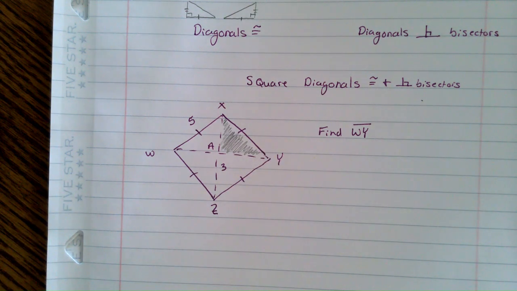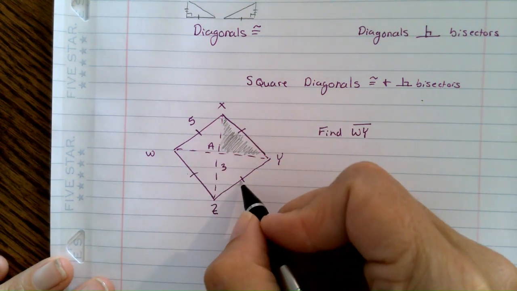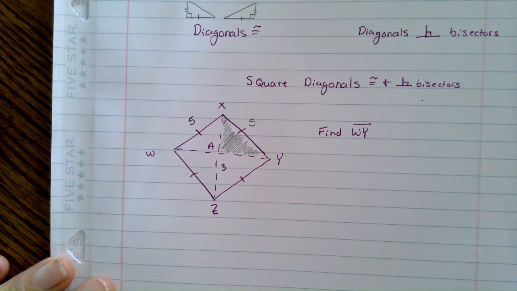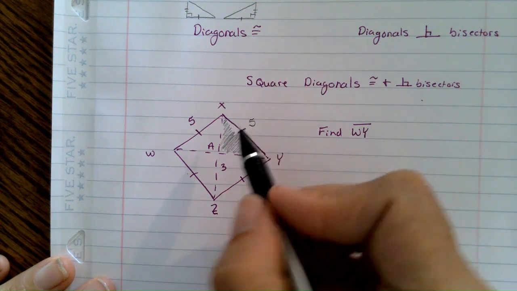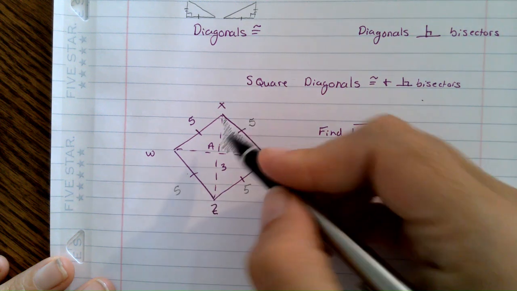Okay, so we can see that all sides are congruent. So if this is 5, this is 5. Okay, so we can also see that this is 5 and this is 5.